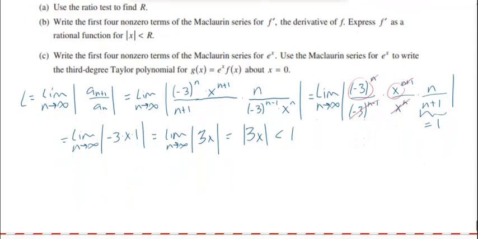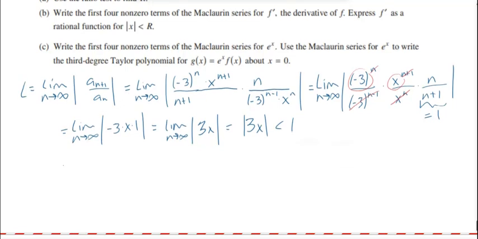So I'm going to scroll down and get rid of some of that stuff for now. That gives me, oops, not equals. That tells me that negative 1 is less than 3x is less than 1. I'm going to divide by 3 on both sides. Negative 1/3 less than x less than 1/3. So that would be the interval, not checking the endpoints. But what is half the length of this interval?